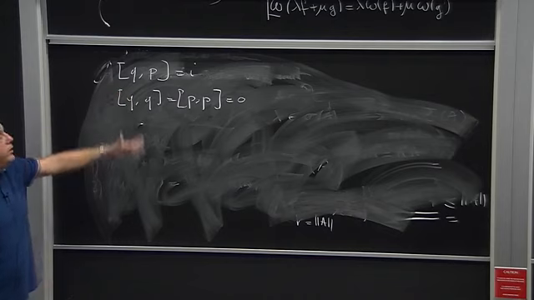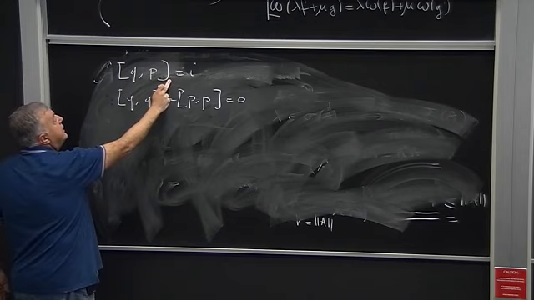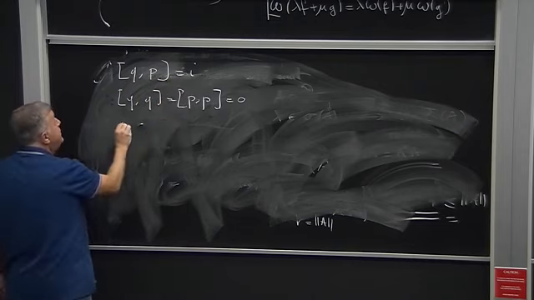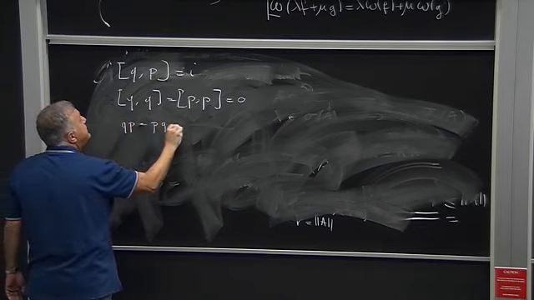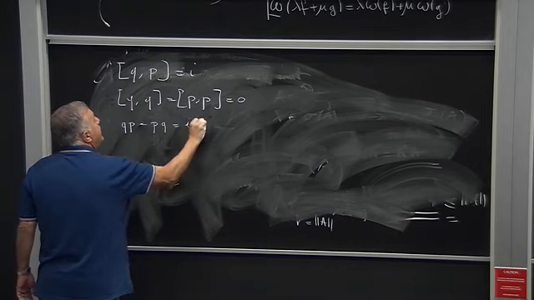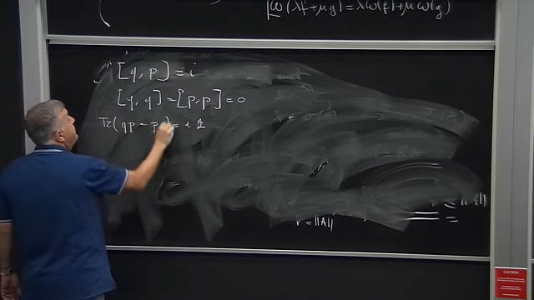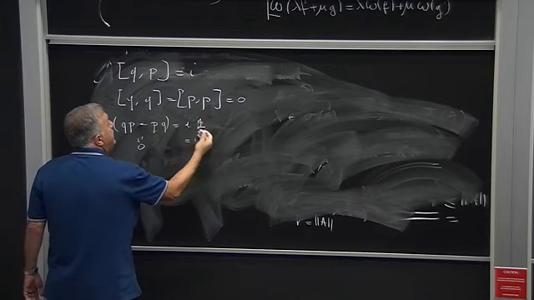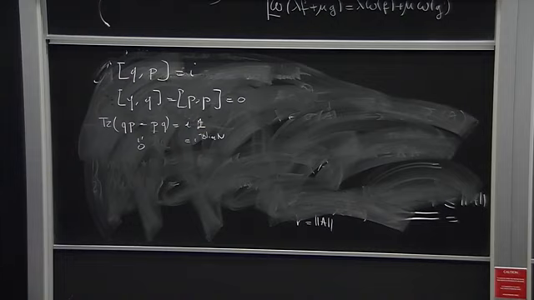This is very well known. It is immediately clear from here that this cannot be finite dimensional matrices, because if you compute the trace, the trace of the left-hand side is 0, and the trace of the right-hand side is just the dimension of the space. So it cannot be matrices that realize this commutation relation.